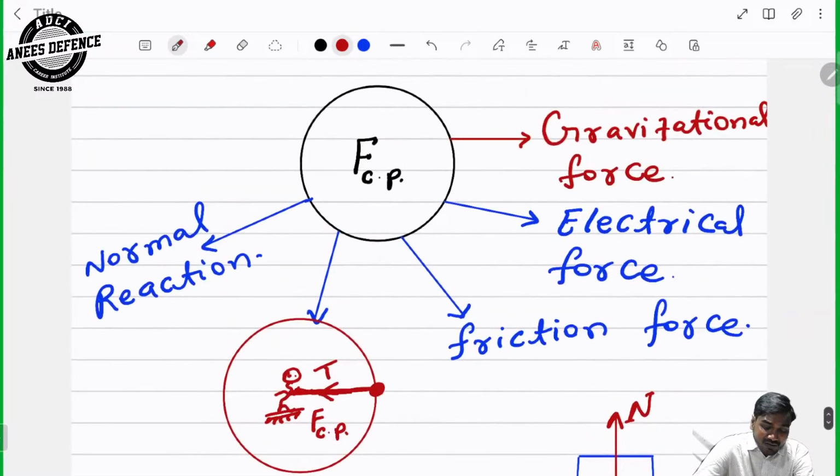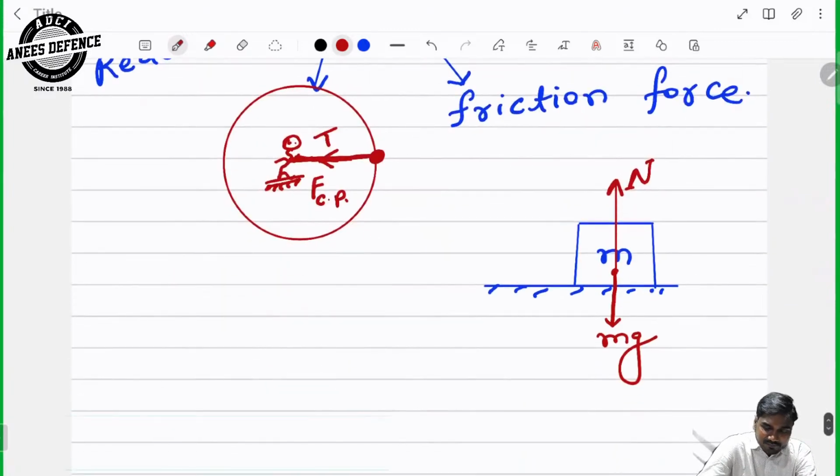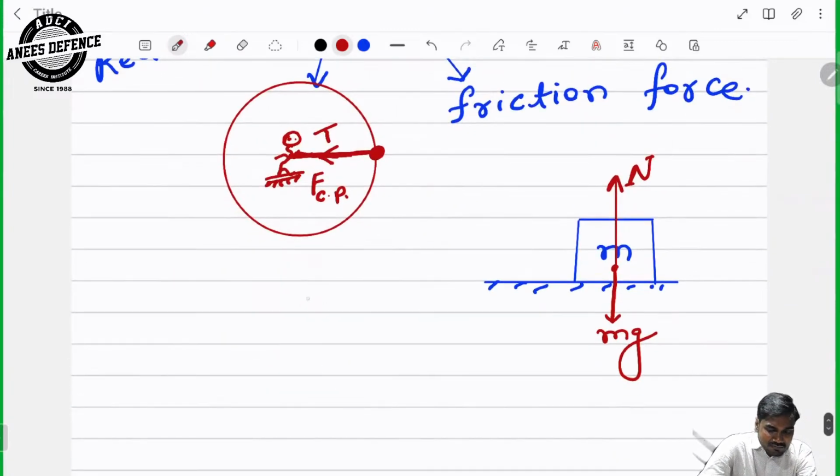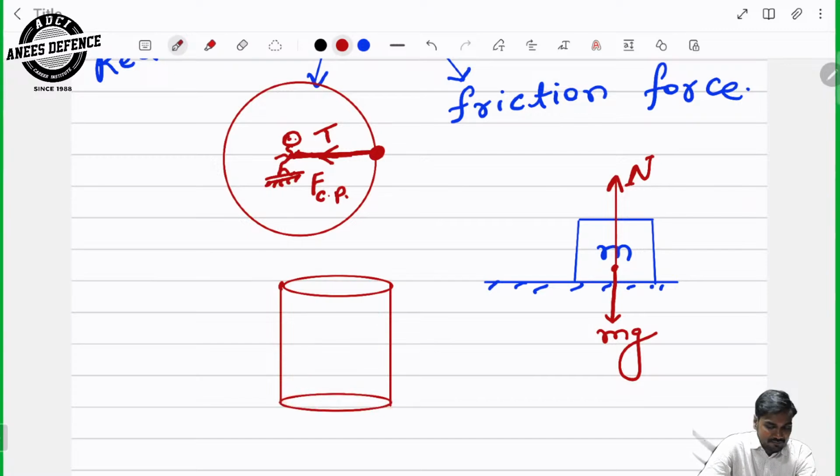Now you can ask how centripetal force can be normal reaction. Just consider a circular container, and an object is making a circle within that container.